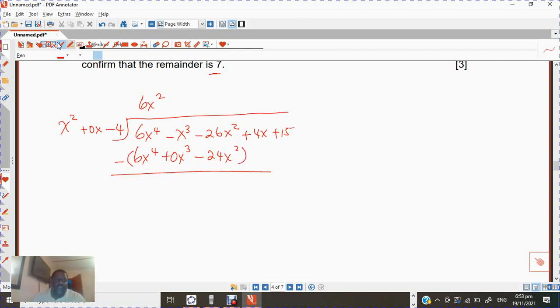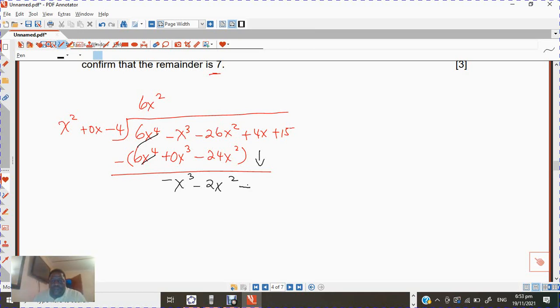If you do the subtraction, you realize that this cancels, and you have a negative here, minus 0. Negative take away nothing is just going to be negative. So this is negative x cubed, and you have minus 26 plus 24, it's minus 2x squared.